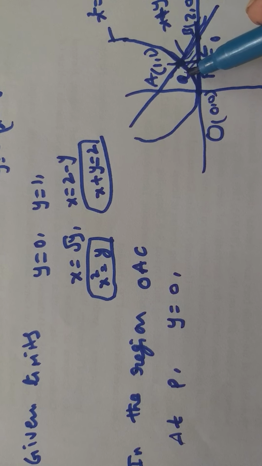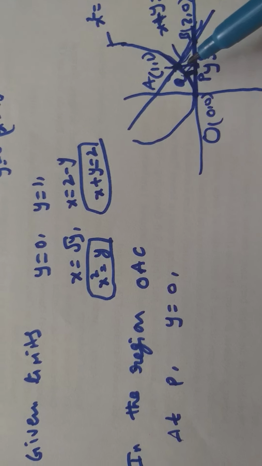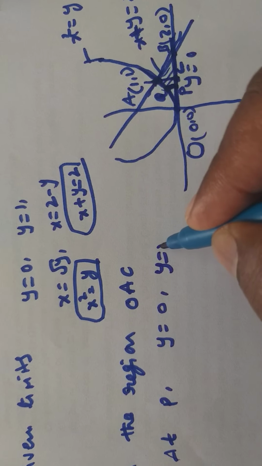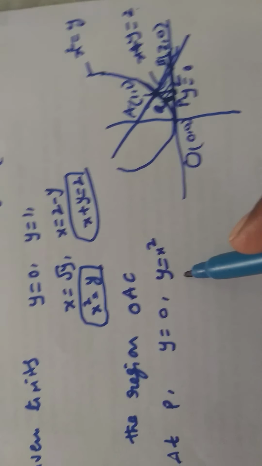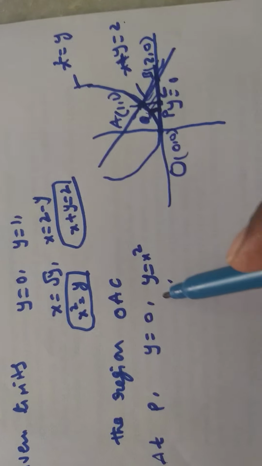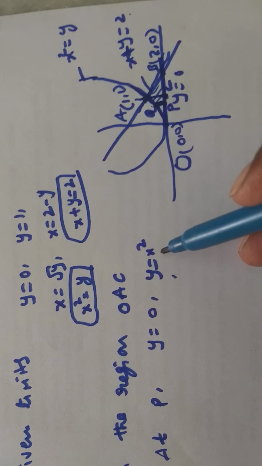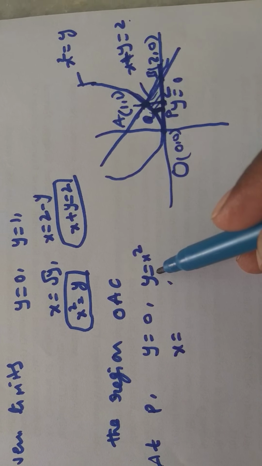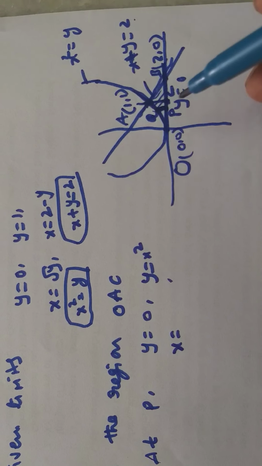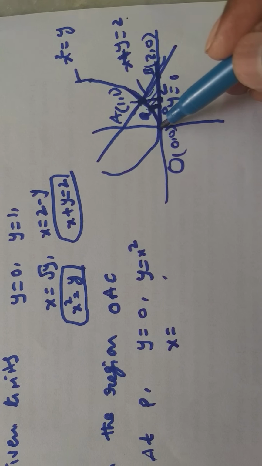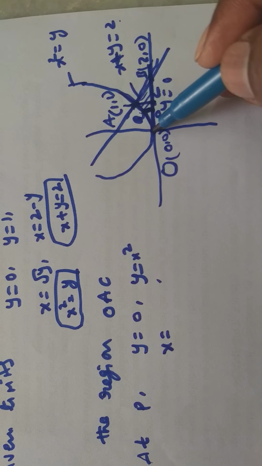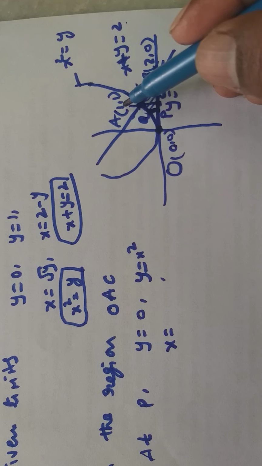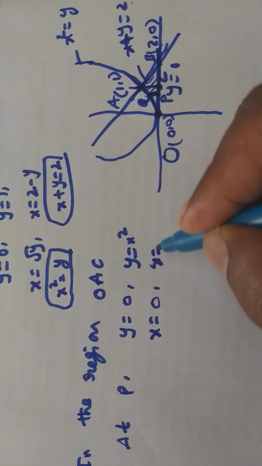At Q, the strip touches the curve x square equal to y, so y equal to x square. So we obtained the y limits: after changing the order of integration, the y limits are 0 to x square. Now what about the x limits in this region? The region starts at the origin, so x is 0, and ends where x is 1.